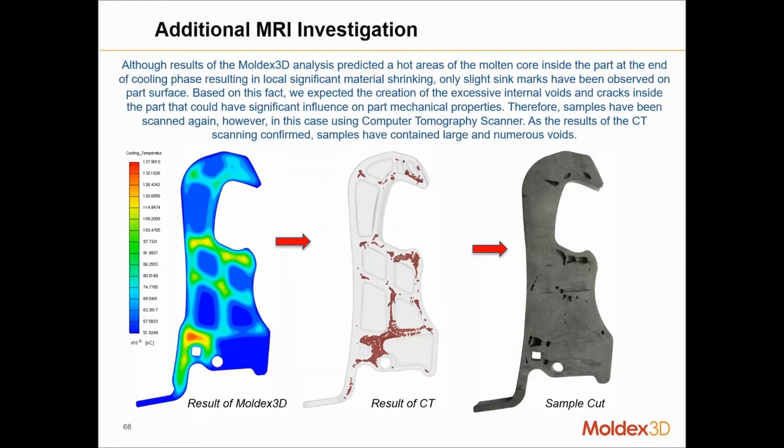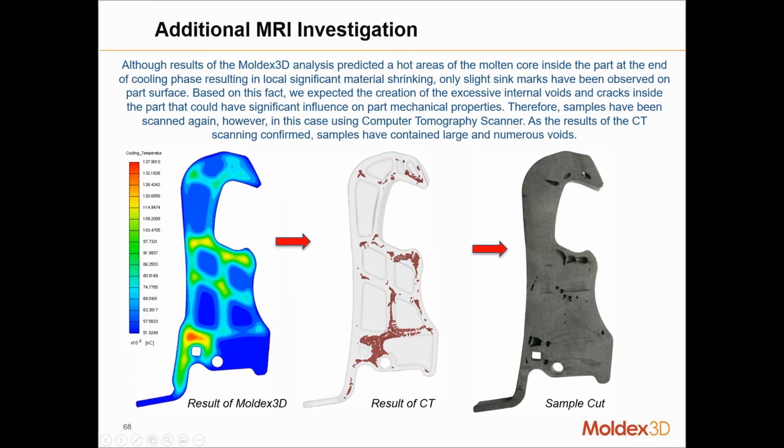Now, in this case, besides doing the warpage studies, they were also studying weakness or failure of the part. And when they looked at scanned results of the part, they were able to see where they had those air traps or voids in the core of the part.